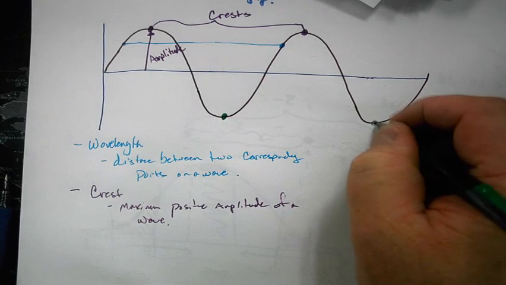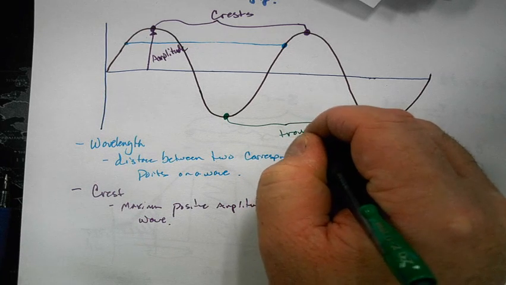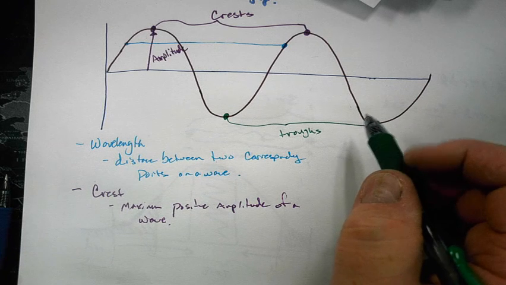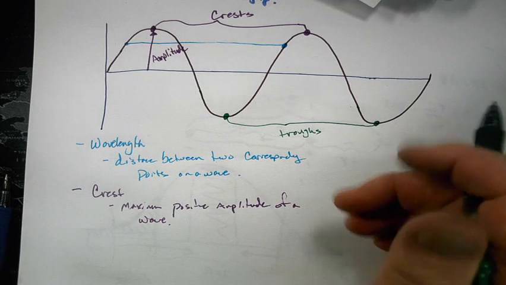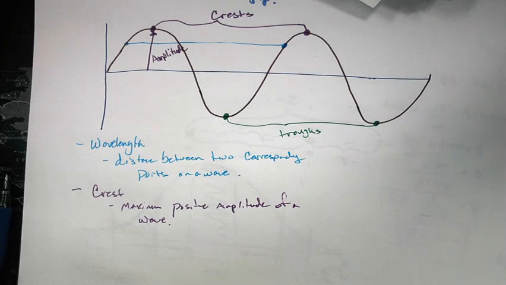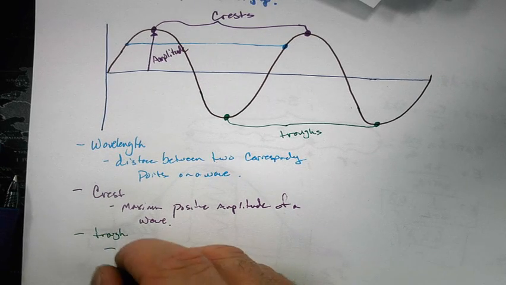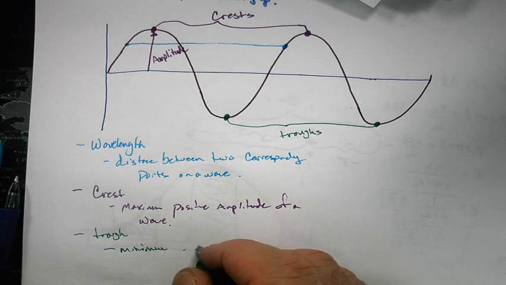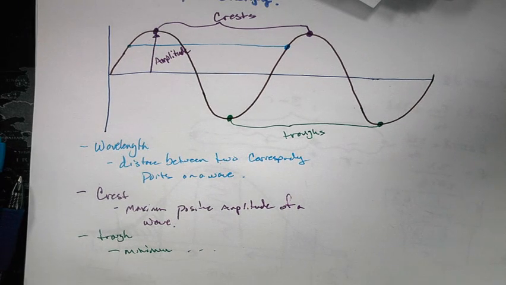we have these, which are troughs. It's called a trough. This is a trough, and it's the same as the crest, except it's the minimum amplitude of a wave as opposed to the maximum amplitude of a wave, but they're the same.